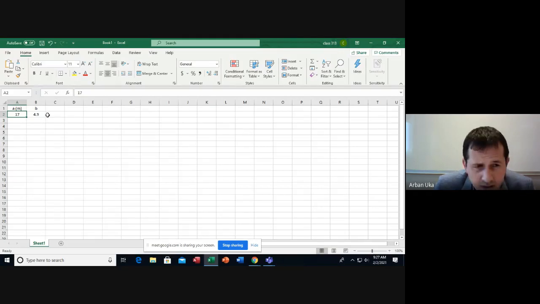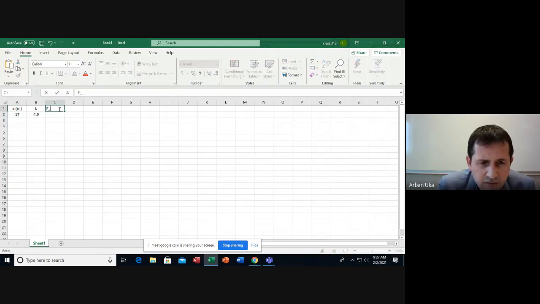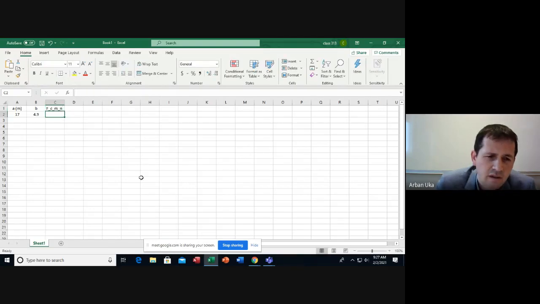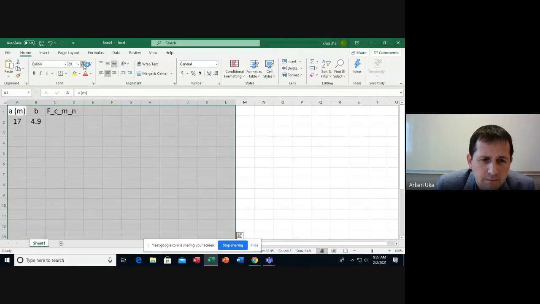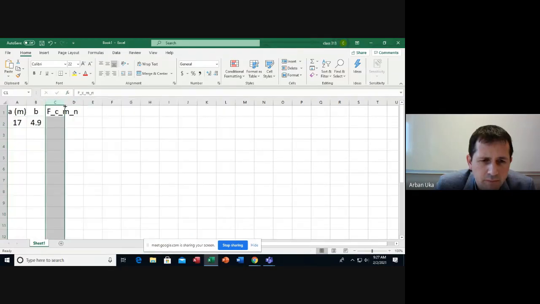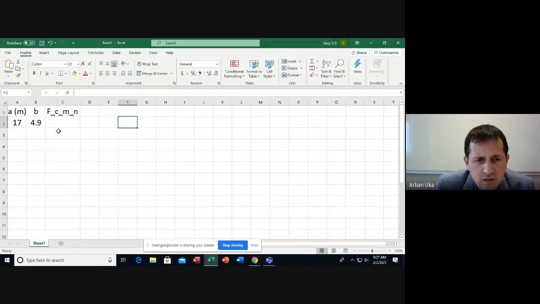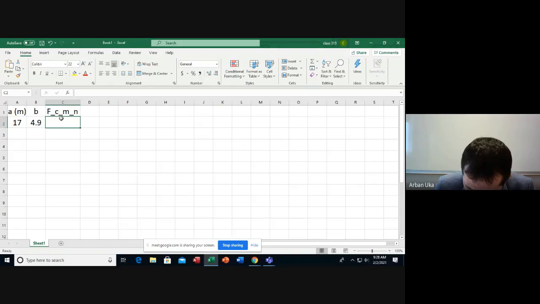For example, let's try to identify what is the cutoff frequency. We denote this one as Fc as a function of m and as a function of n. So now regarding the cutoff frequency, we have the expression, which is given by, wait a second.